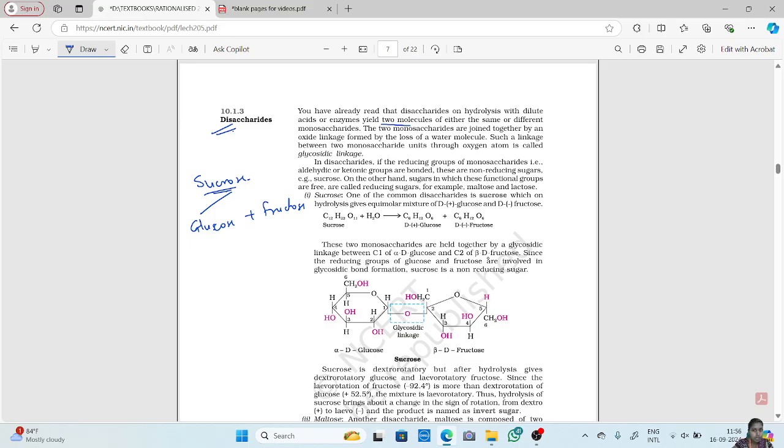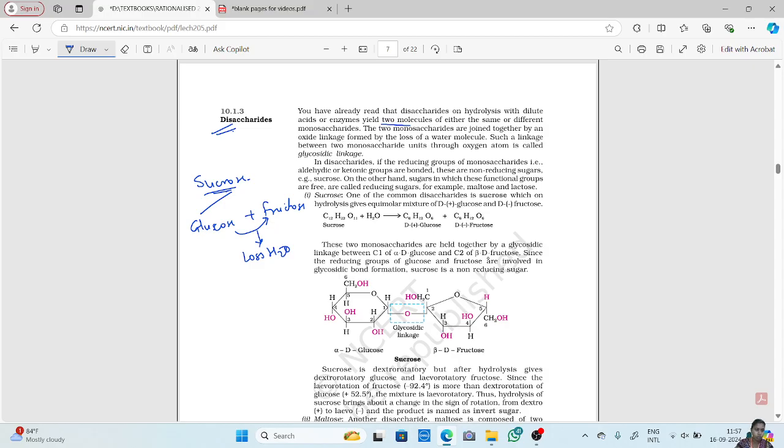The two monosaccharides are joined together by an oxide linkage formed by loss of water molecules.